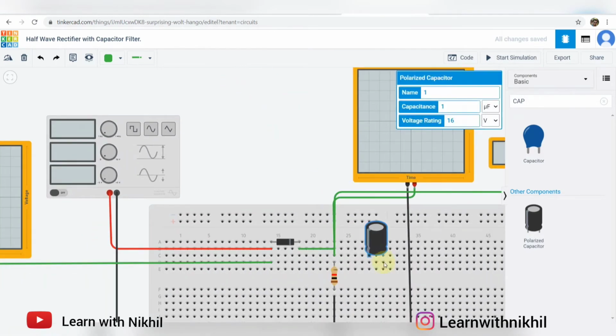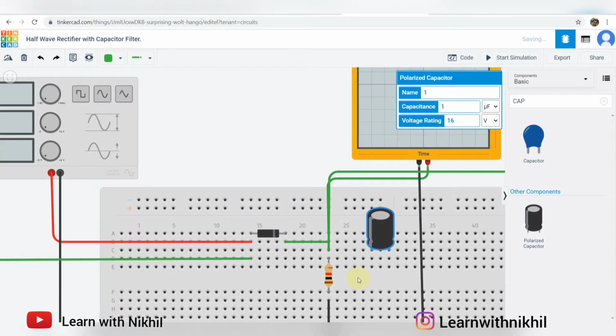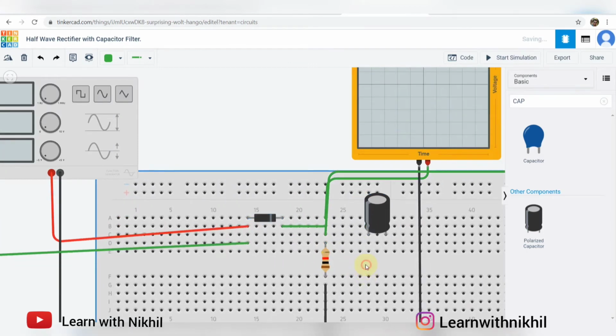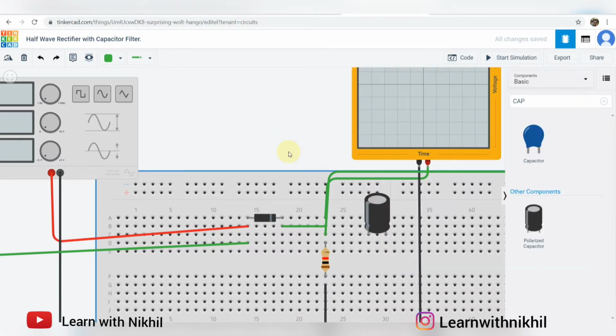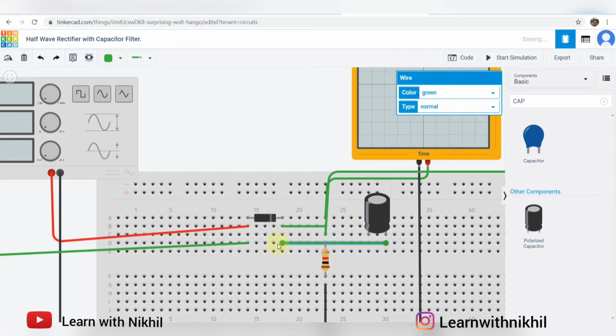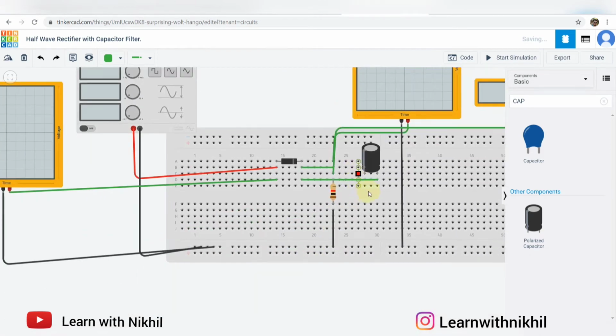I'll attach a capacitor over here. The positive terminal is attached to the negative terminal of the diode, and the negative terminal is grounded.